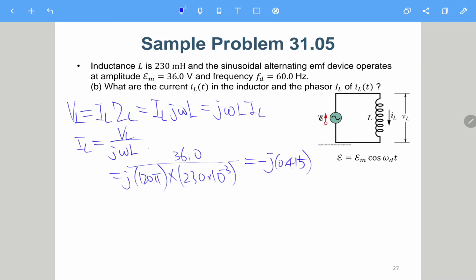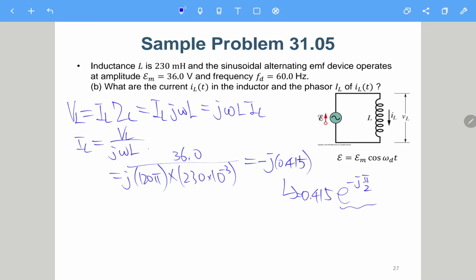So here we can actually write it as 0.415, which is the amplitude of this imaginary number, and then exponential to minus j pi over 2.